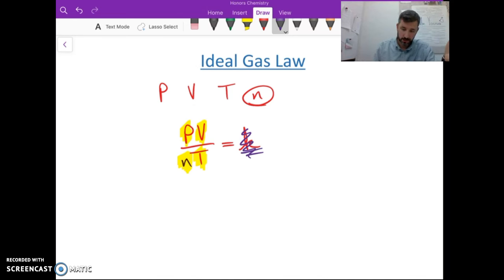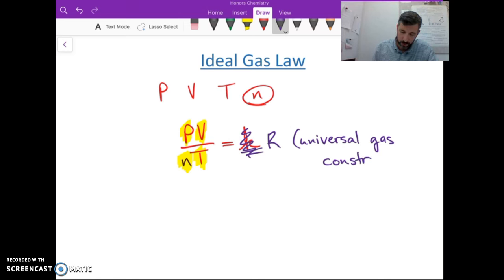And so we're going to use a new symbol, and that new symbol is capital R. And capital R is called the universal gas constant. And by the way, we're now into notes, so if you're not writing this down in your notes, you need to pause and start doing that. But the universal gas constant R is a true constant, meaning that it always gives you the same answer. And for that reason, we actually have totally universal constants that we can write down for R.